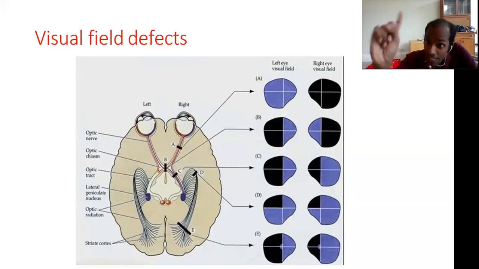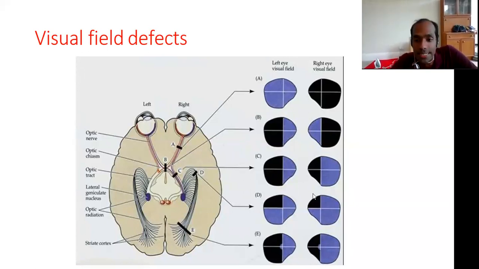That's the first thing you need to know as a medical student. The second thing you need to know is this. This is homonymous hemianopia, where one side, either left or right, cannot be seen. And as a medical student, you need to know two things about this. Any lesion distal to the optic chiasma.